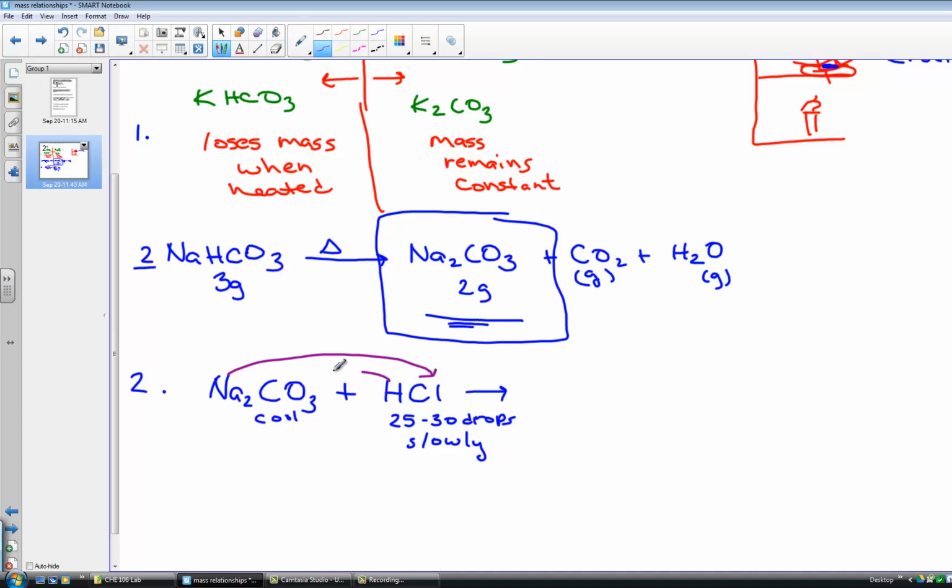Na goes to Cl, H goes to CO3, and think about charges. Na is a plus, Cl is a minus, so sodium chloride, and H is a plus, CO3 is a minus 2, so we get H2CO3.